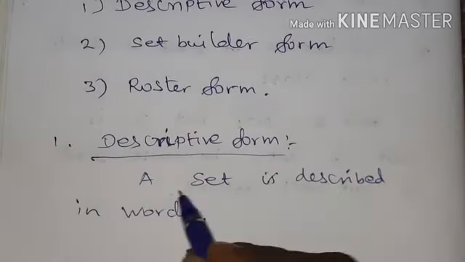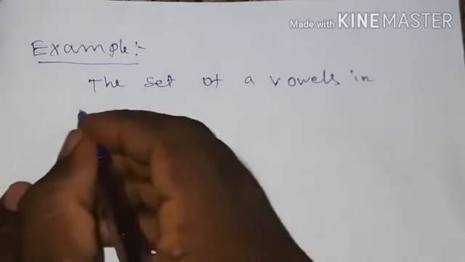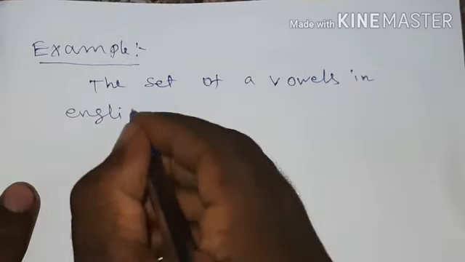See these examples. The set of vowels in English alphabets. This is the first one.